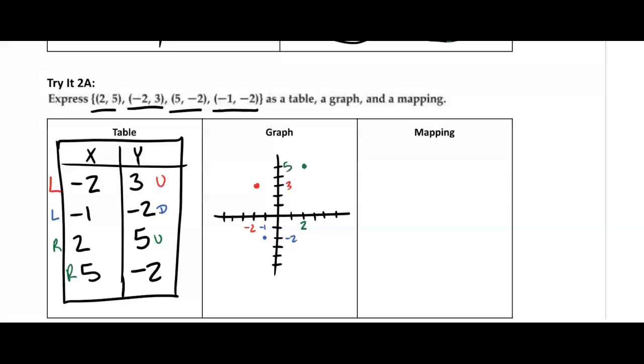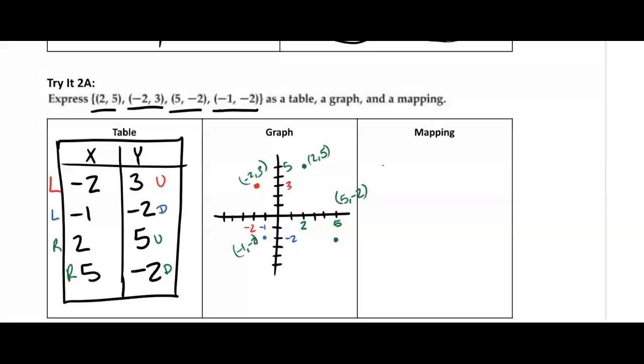Then +5, that's right. -2 is down. +5, -2, right here. So these are my plotted points. And as a good practice, we should always label our coordinates. This one's -2, 3. This one is 2, 5. This is 5, -2. And this was -1, -2. All right, so we've represented these as a graph.